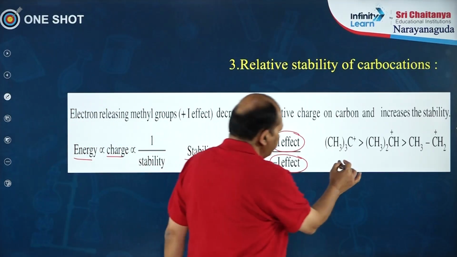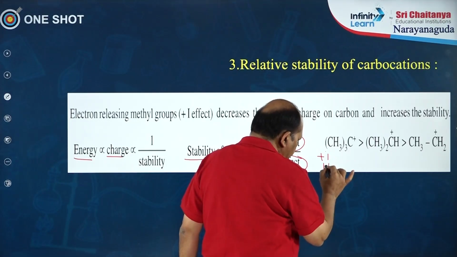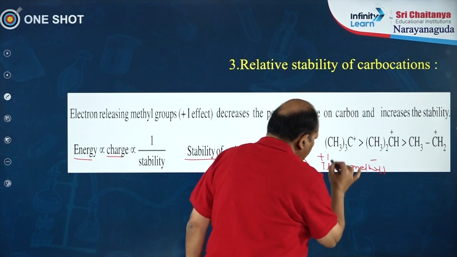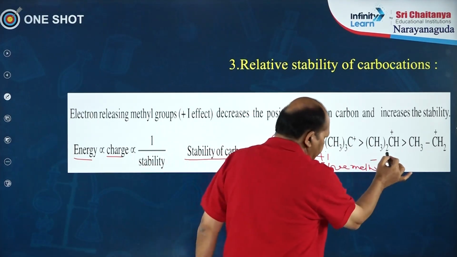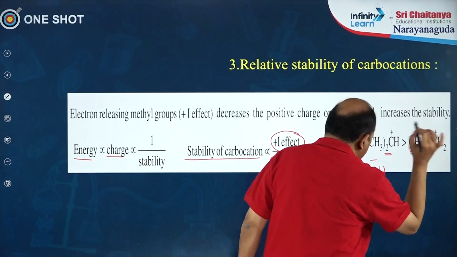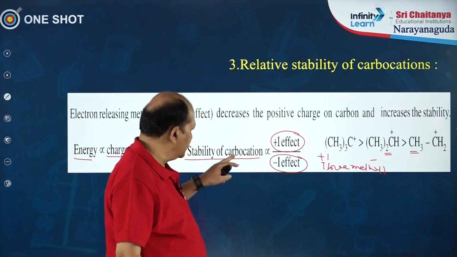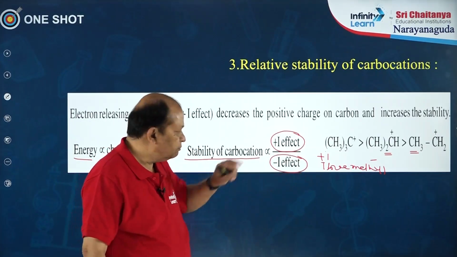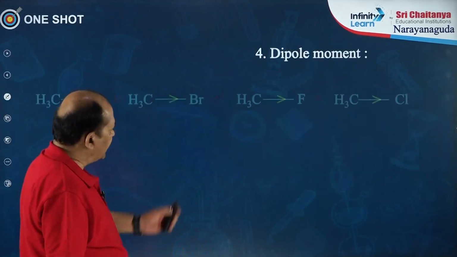So, you can see here plus I effect due to 3 methyl groups, so more magnitude, therefore, it is highly stable. Plus I effect due to 2 methyl groups, plus I effect due to only 1 methyl group. So, therefore, the stability of different carbocations is directly proportional to the plus I effect and inversely proportional to the minus I effect.